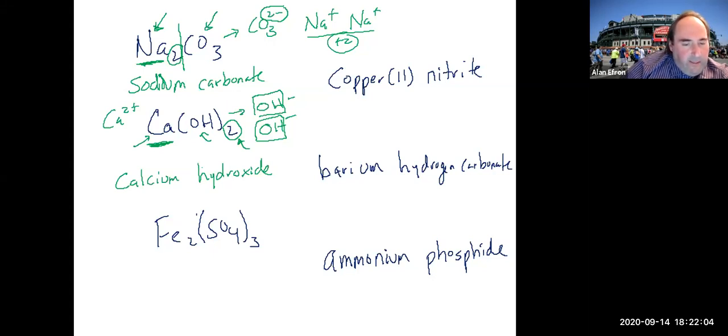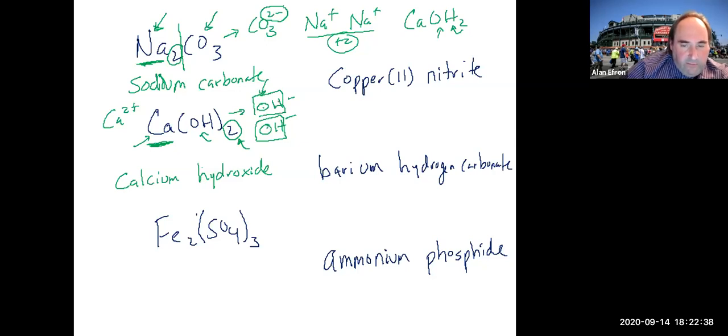Now, we do see parentheses around this. The reason we have parentheses is that we are trying to say we have 2 of the OH minuses. Whenever you have more than one polyatomic ion, you do need to put parentheses around it and the number on the bottom, because if you just wrote CaOH2, what that implies is you have 2 hydrogens and 1 oxygen, which is not what you're trying to do, because here what you are saying is I have 2 oxygens and 2 hydrogens.